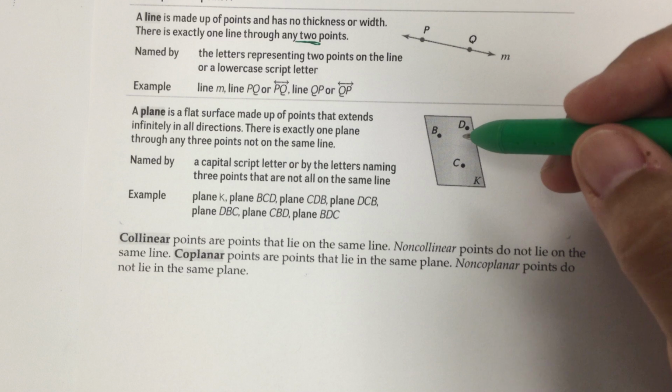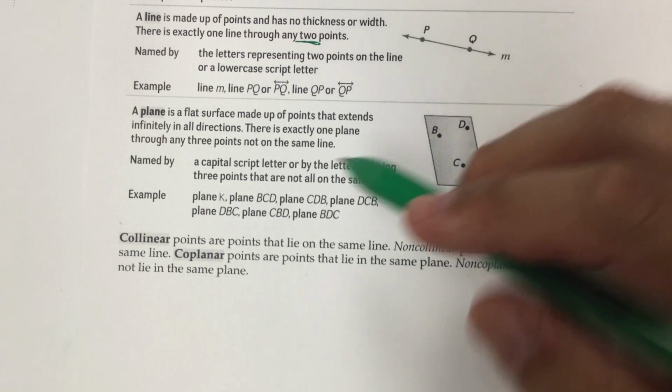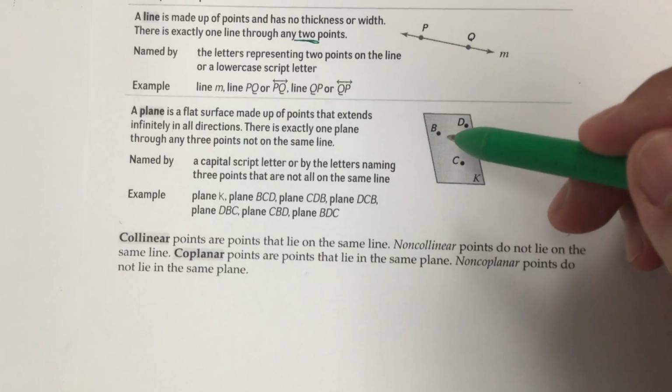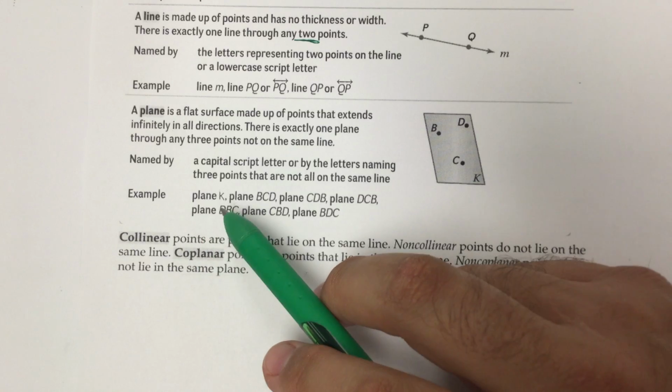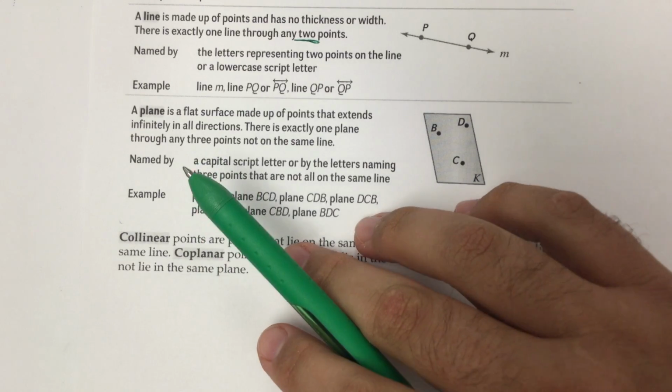If you just say BCD, that doesn't describe a plane. You have to say plane BCD, right? I want to make sure that you understand this. Look at all these examples. None of these just have the 3 letters, so be careful with that. Also, when you're explaining the letter K, make sure it's in lowercase, okay?